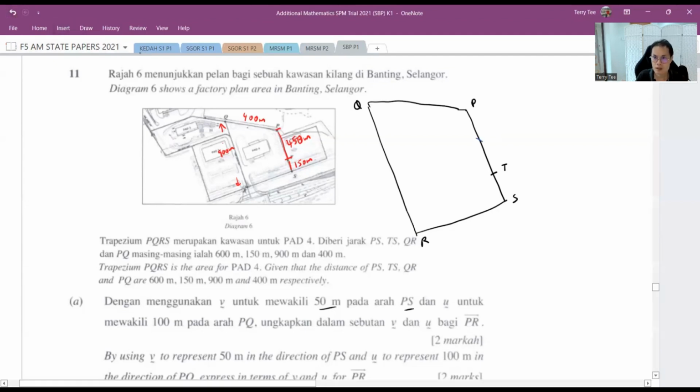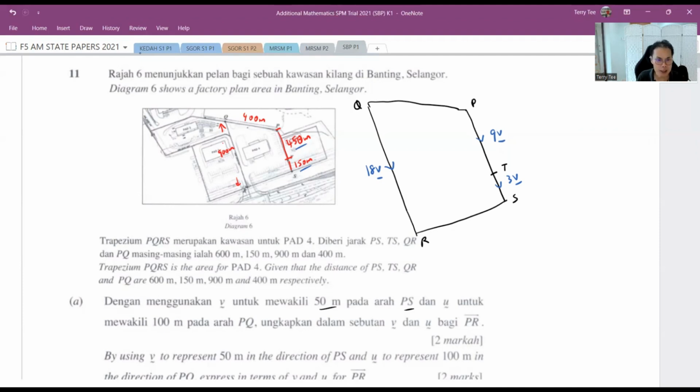This is 9V. And then if this is 50 meter, 150 divided by 50 is 3. So this is 3V. Since this is 900 meter, 900 divided by 50 is 18. So this is 18V.